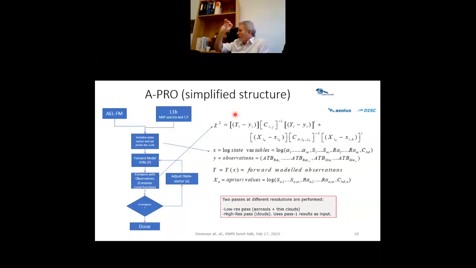But if you ask me if it's going to be 100% all the time, no. There will be cases in which elevated depolarizing aerosols can be mistaken. Thinking about it, the water vapor could also help with the discrimination. We're not using that now, but I think the ECMWF forecasts are good enough for that.